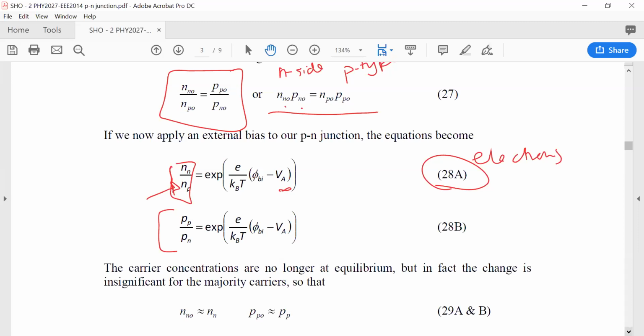So we tend to say that we approximate that the majority carrier concentration, which is either N_N or P_P, is going to remain constant at its equilibrium value.